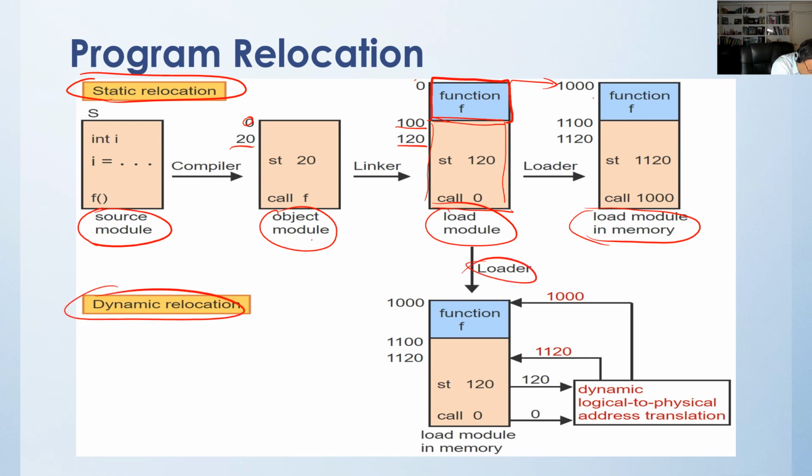During the loading time, we only load each of the instructions in the logical address into the physical address, but we don't change the logical address inside until we actually execute this statement, then we perform the dynamic logical to physical address translation. Okay, so that translation should be very simple, and we'll see it later on.